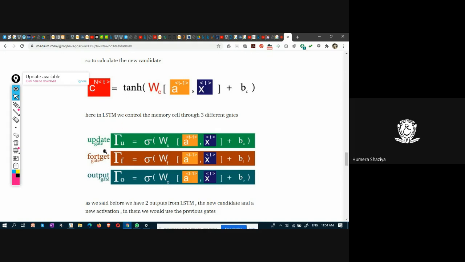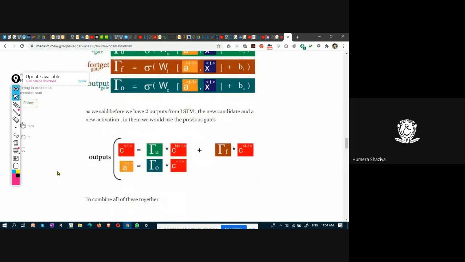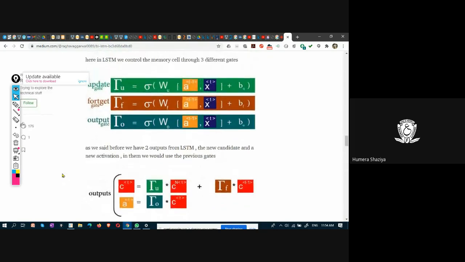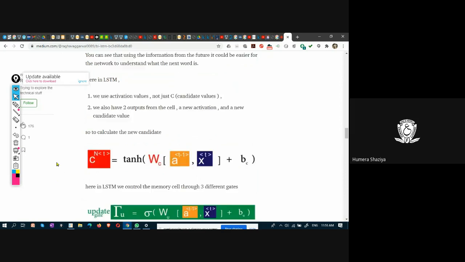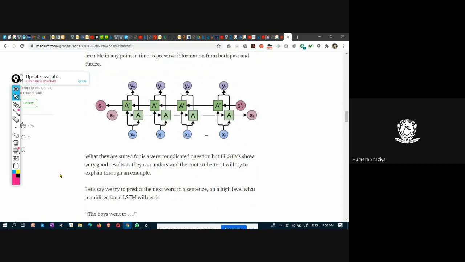Update gate, forget gate, and output gate. In LSTM, the memory cell has three different gates: update gate, forget gate, output gate. Here we have two outputs from LSTM. Why do we have two outputs from LSTM? Because we are working with Bi-LSTM. Bi-LSTM will have two outputs.